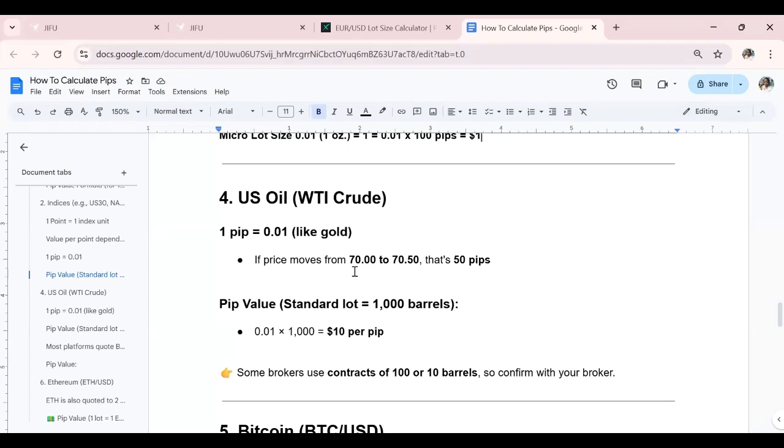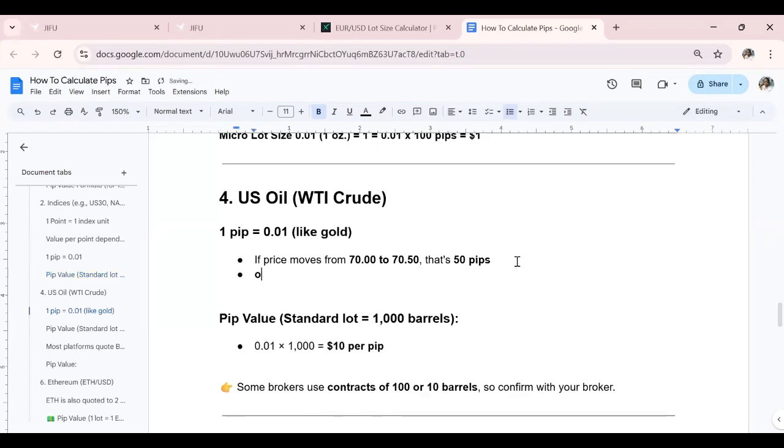Do you understand? Please take it again. If the price moves from 70 to 70.5, it has moved 50 pips because you start counting the pips from the decimal.